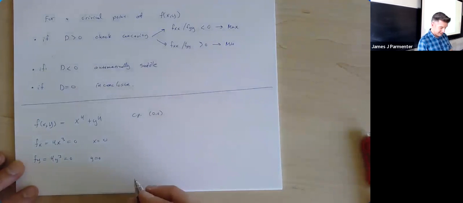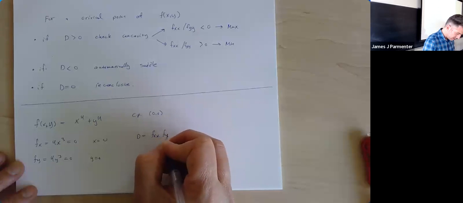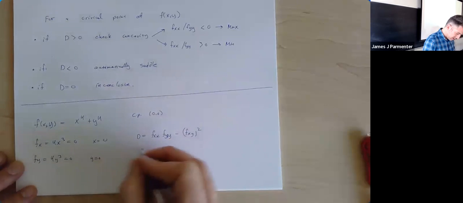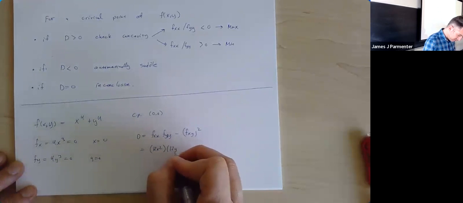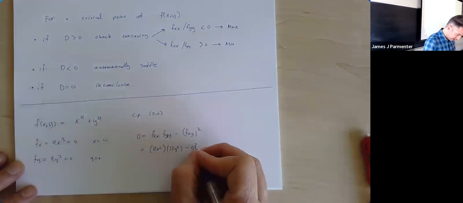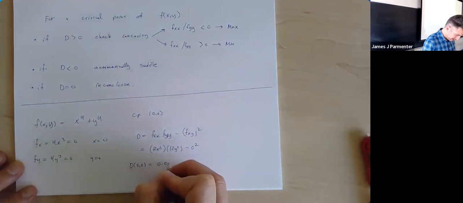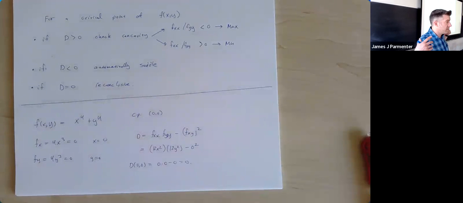And if we find d, which is fxx fyy minus fxy squared, that's going to be 12x squared times 12y squared minus 0 squared. And then if we plug in our critical point, we're going to get 0 times 0 minus 0, which is 0. So the test is inconclusive.